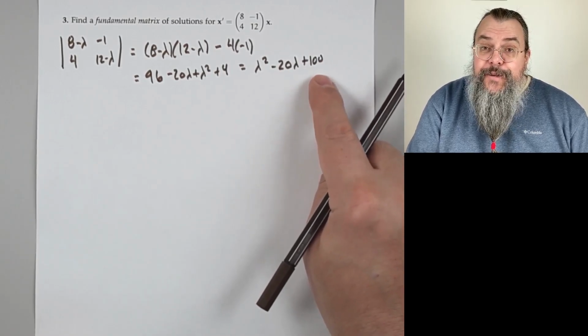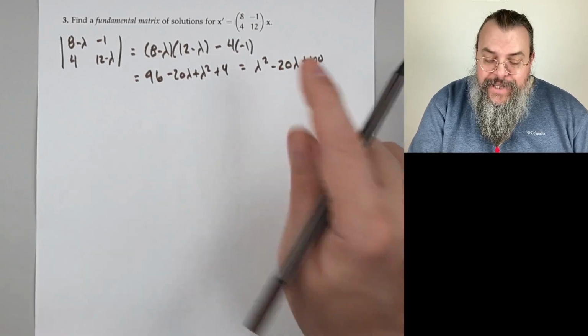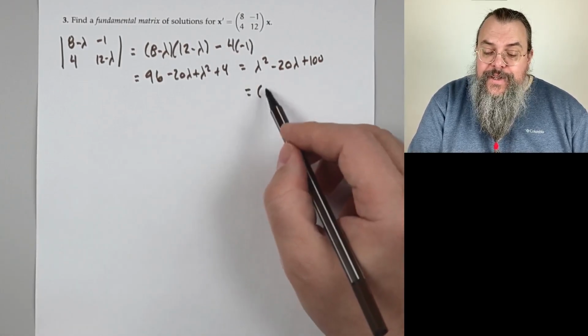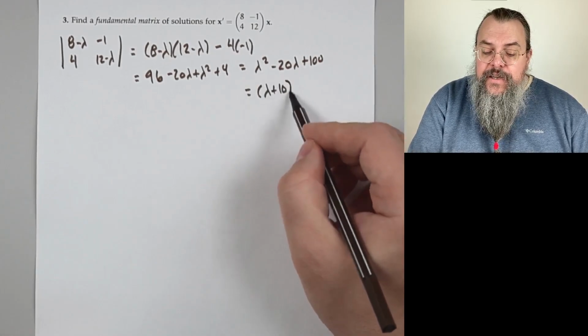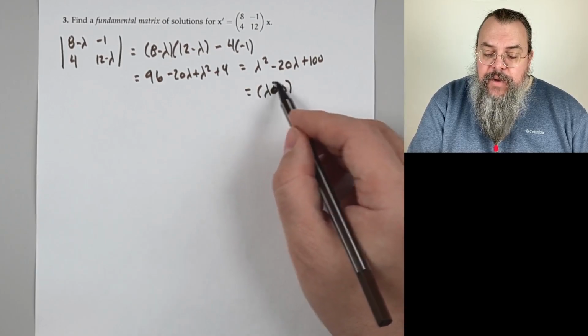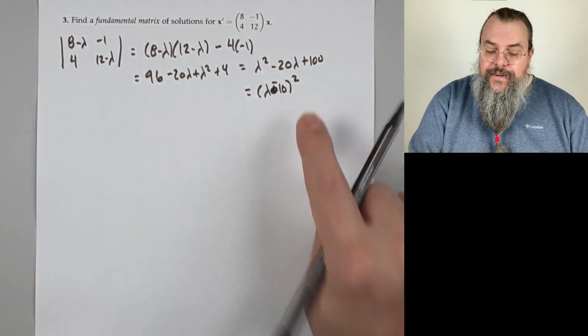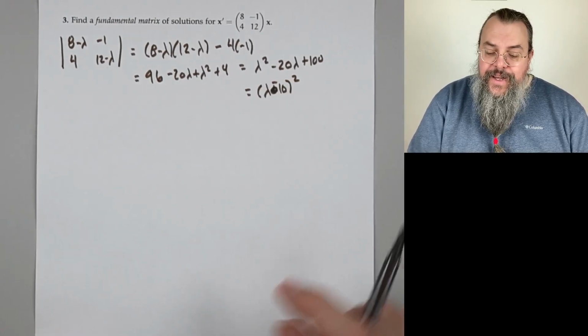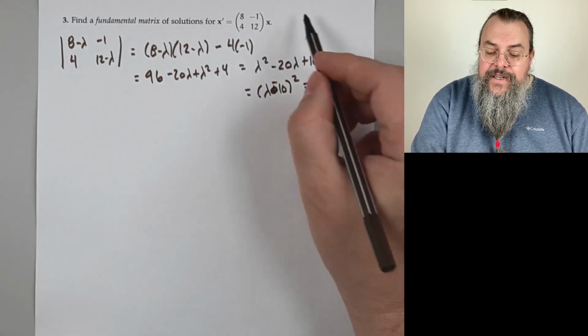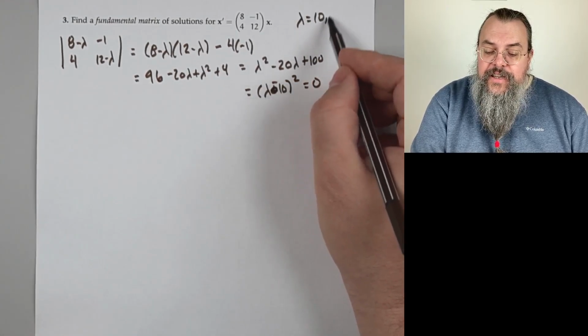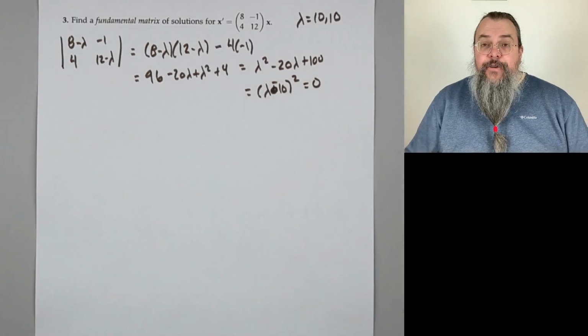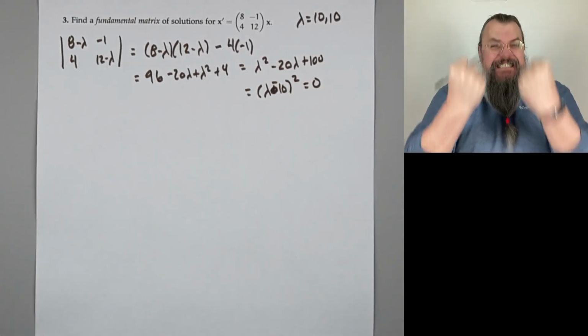Well, that's lambda squared minus 20 lambda plus 100. Do we know two numbers that multiply to 100 and add to 20? Yes, we do. That makes it lambda minus 10, quantity squared, because there's minus 20, so that's why it's minus. And so we say, aha, our eigenvalues are 10 and 10. And now we're like, yes!